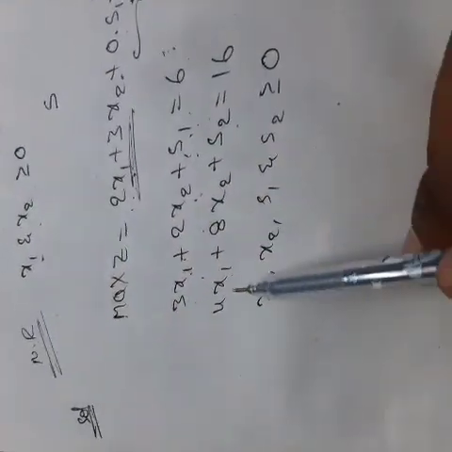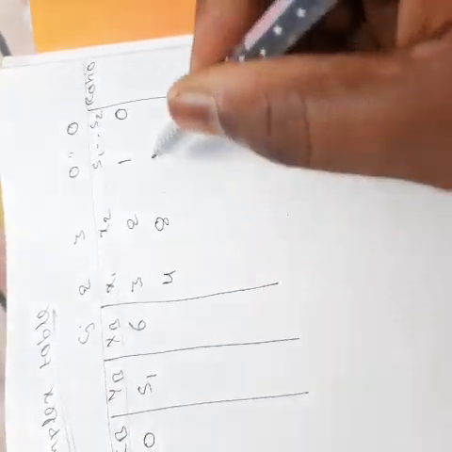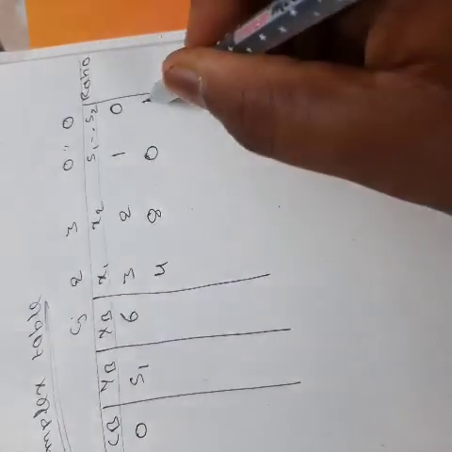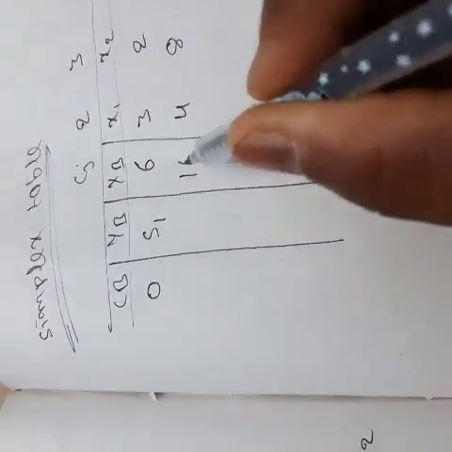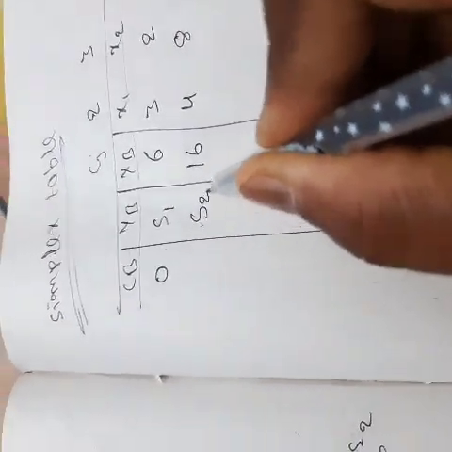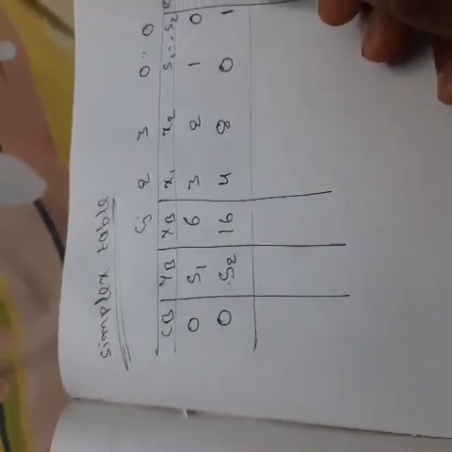The second equation: coefficient of x1 is 4, coefficient of x2 is 8, there is no s1 and there is s2, and the value will be 16. The YB will be s2 and its cost will be 0. This is the basic construction of a simplex table.